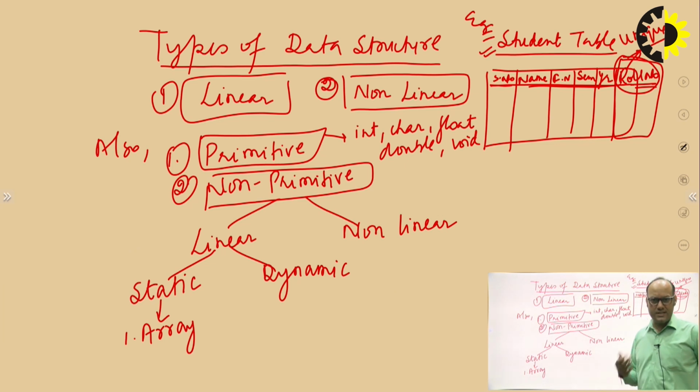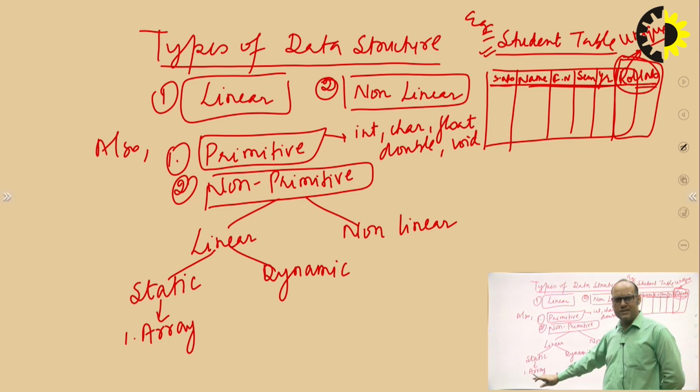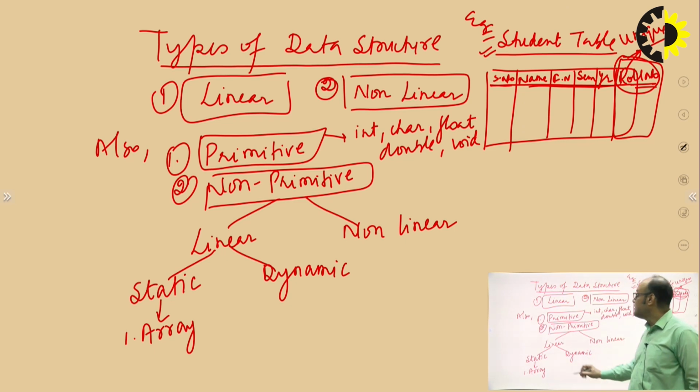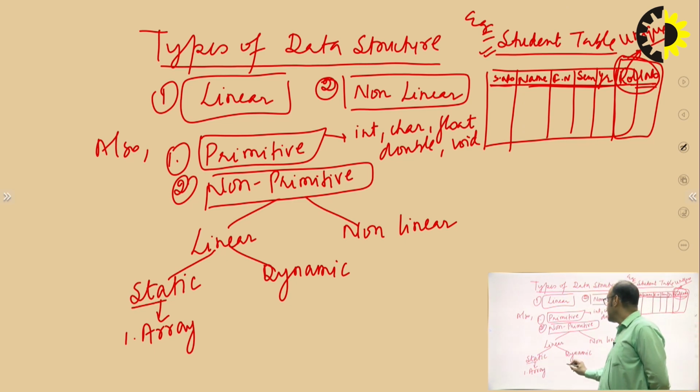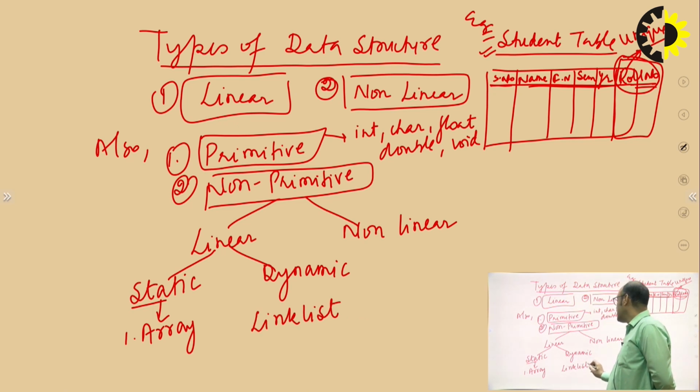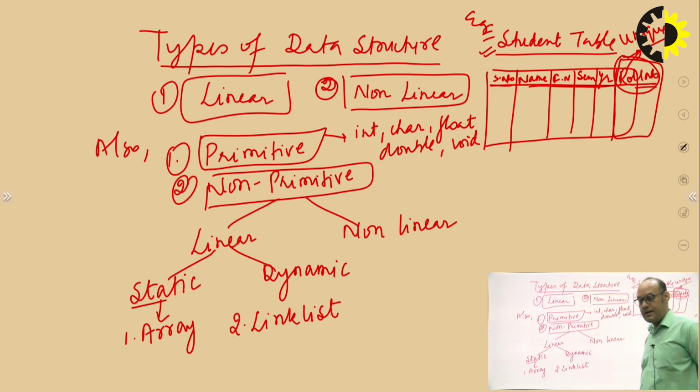There is also a process by which we can dynamically allocate memory in the form of an array, but basically it is categorized under static. Then comes the linked list, number 2.